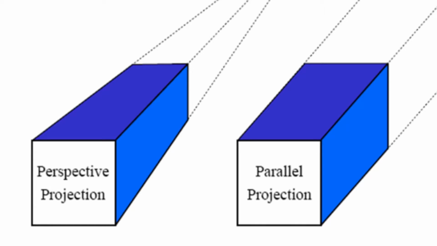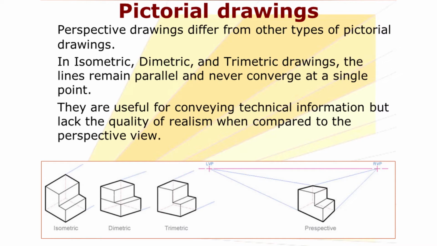It is not parallel, it is converging, and that's what I'm showing in the next slide. Parallel projection is further divided into 3 divisions: isometric, dimetric, trimetric, and all these are parallel projection. And non-parallel projection is the perspective one. It converges to 1 point, 2 point, 3 point, n number of points or whatever.